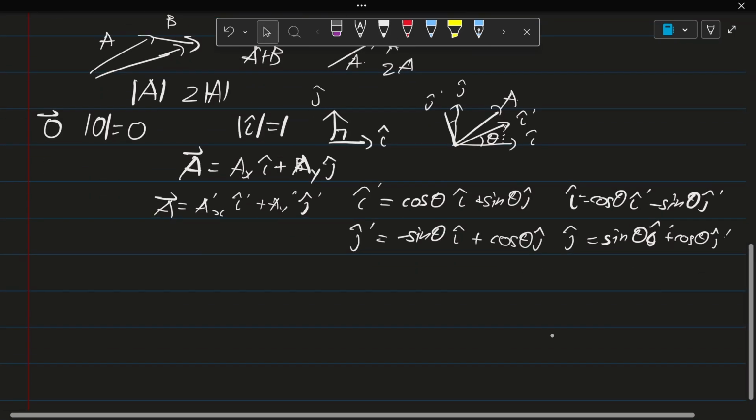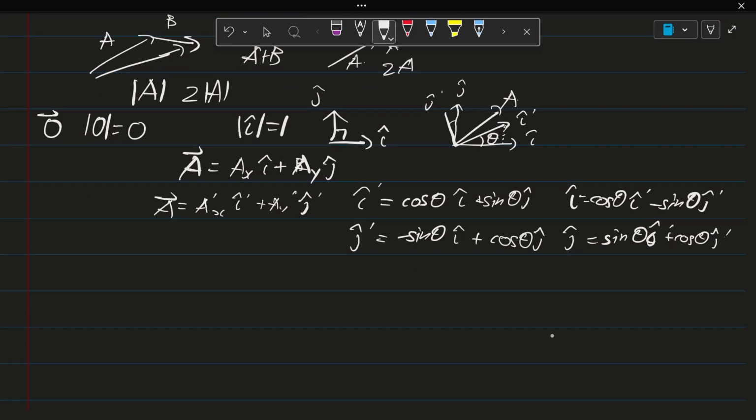So you could just substitute these into your a vector in the basis of i hat and j hat. And so what you would get is that this a prime x is going to be, you could just do it by term addition, because it works like algebra. So it's a x cosine theta plus a y sine theta.